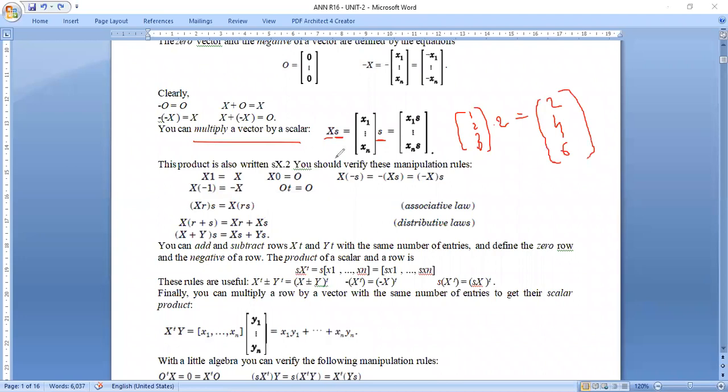Is it clear? So 2 is the scalar value, and these are the x1, x2 and x3 values. This is the x vector. X vector into scalar equals the resultant vector 2, 4, 6. Clear?